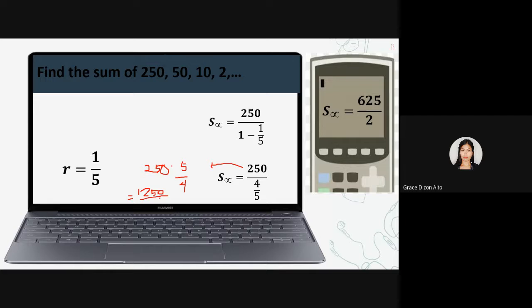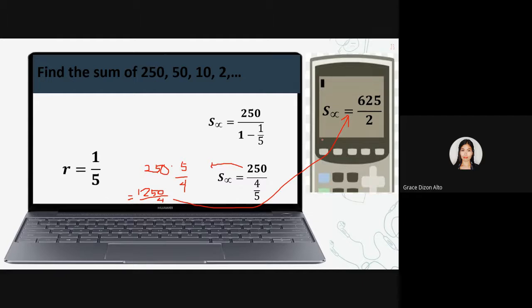So divide it further. So the answer for that is 625 over 2, which is already in the lowest term because these two are still even numbers, so it can be simplified further to this answer. Okay, I hope you have followed that.